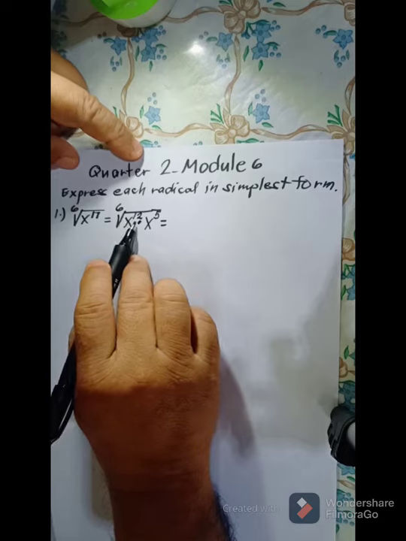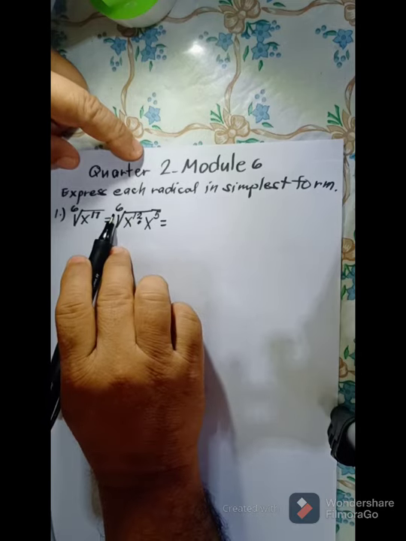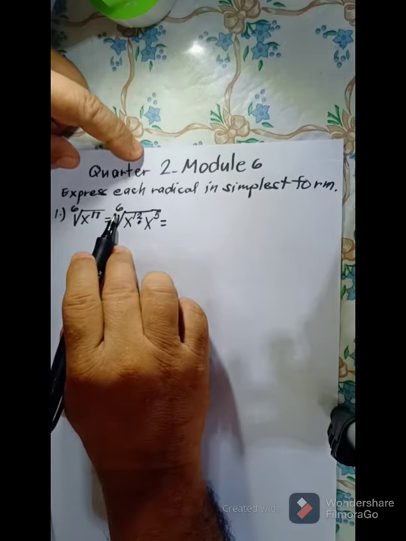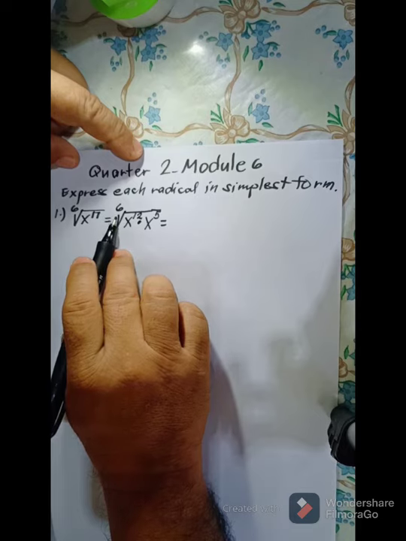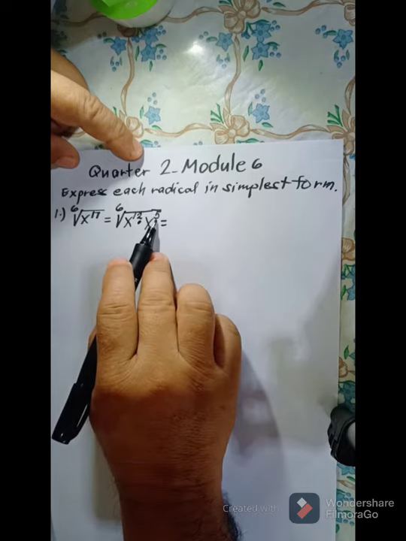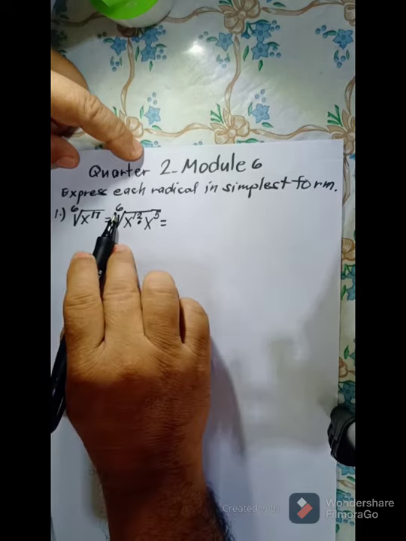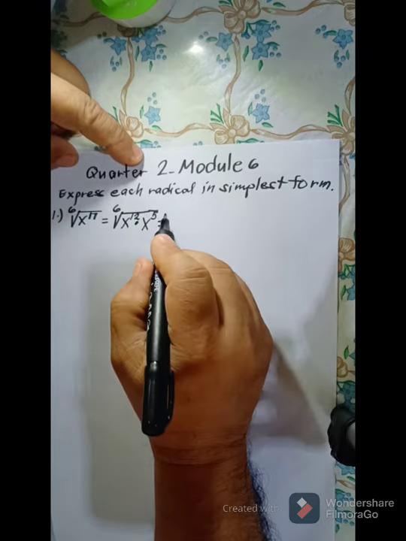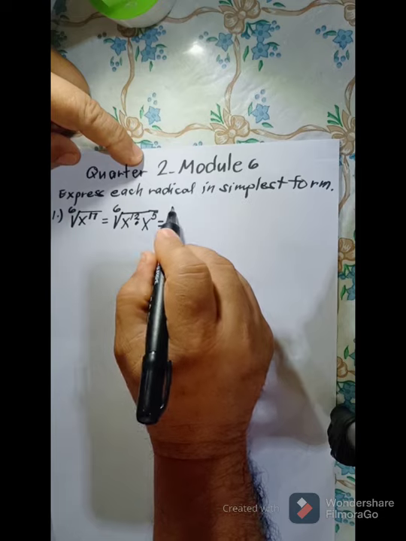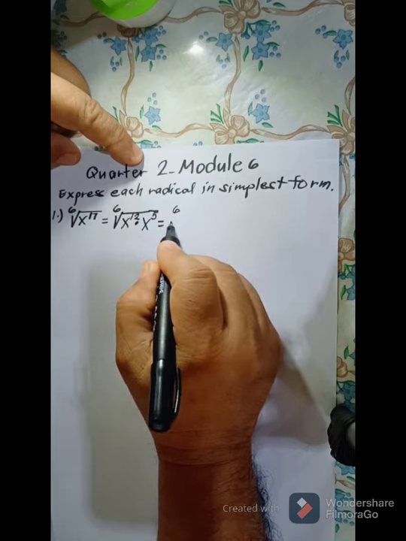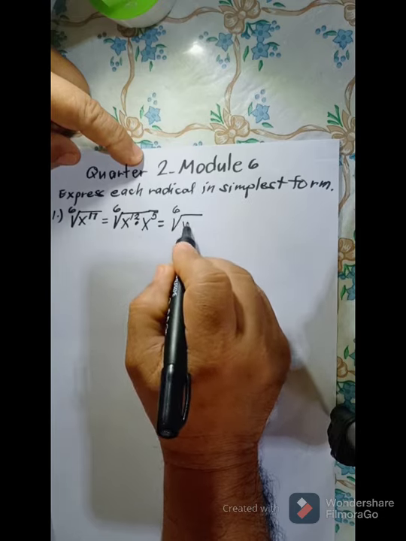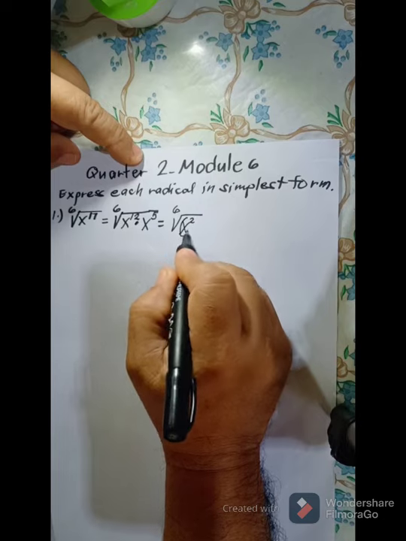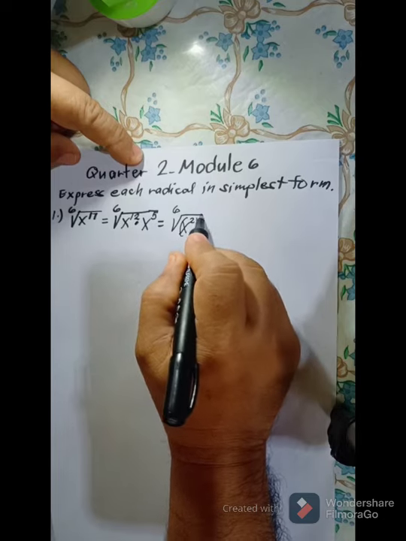We choose 12 because 12 is exactly divisible by 6. And we choose 5 because 5 is lower than 6. Now, x to the power 12 could be simplified this way. So we have the sixth root of x squared to the power 6.